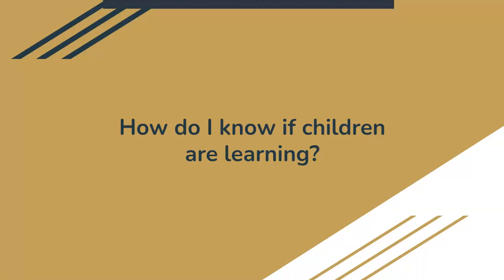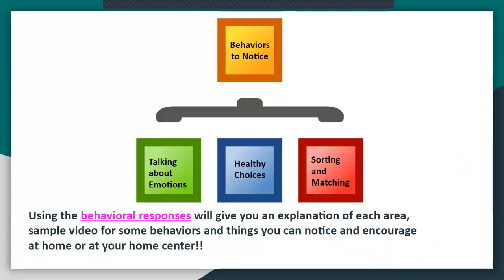So how do I know if children are learning? That's a key question, particularly for our younger set. What I'm going to do is go through the different learning areas and show you some behaviors to look for in their learning journey.